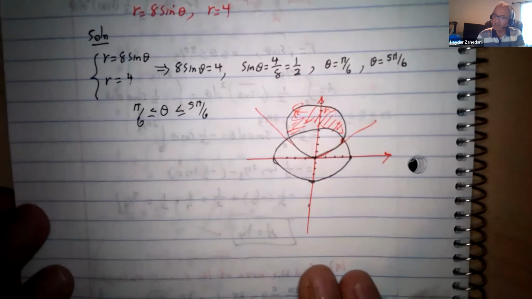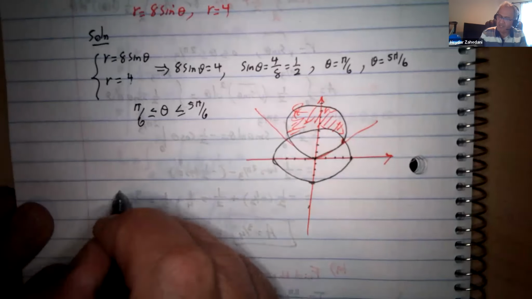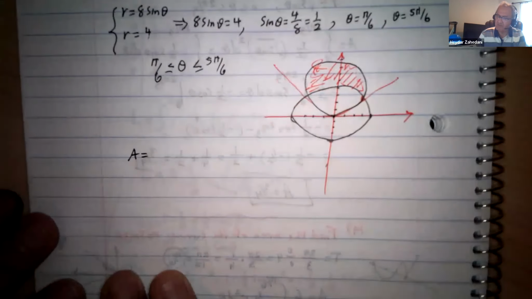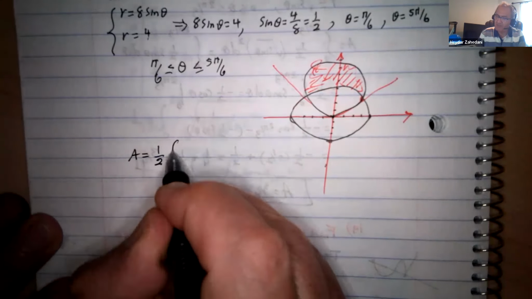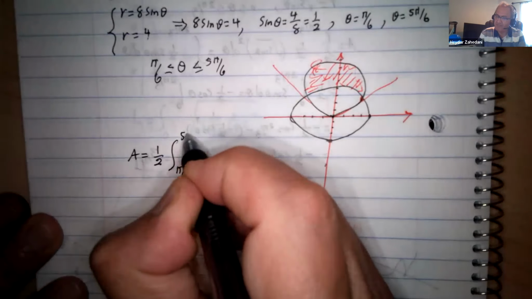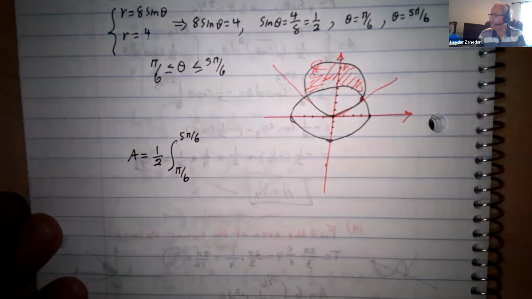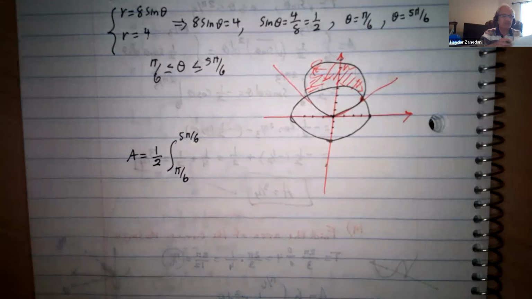Okay, and the integral is going to be, you see, the area A. We can check it with your graphing calculator, but we don't really need it. It's going to be the integral from pi/6 to 5pi/6. I should have this one, or I've done it for you somewhere.